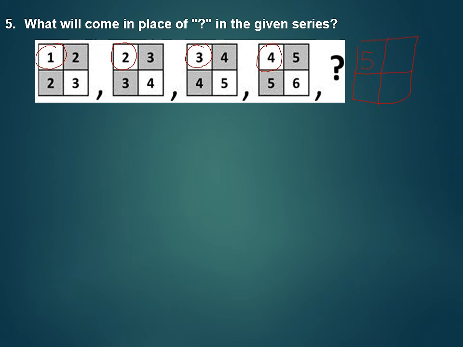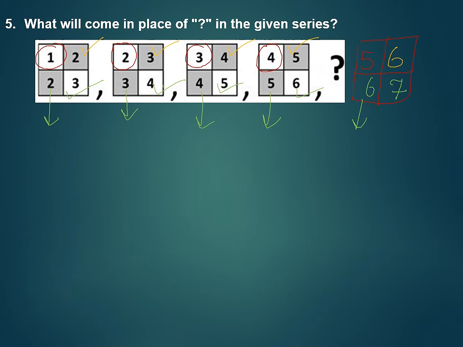Let's see the top right: 2, 3, 4, 5. What number will come here? 6. Let's see the bottom left: 2, 3, 4, 5. Here it will come 6, and bottom right 3, 4, 5, 6 and 7.